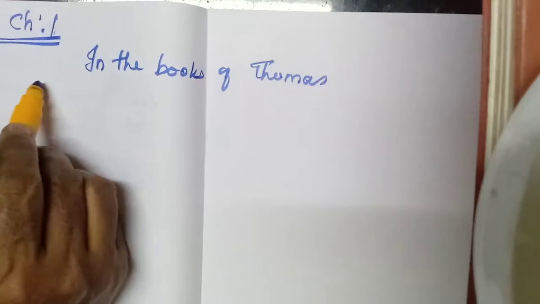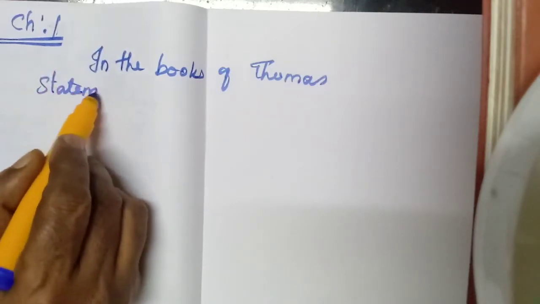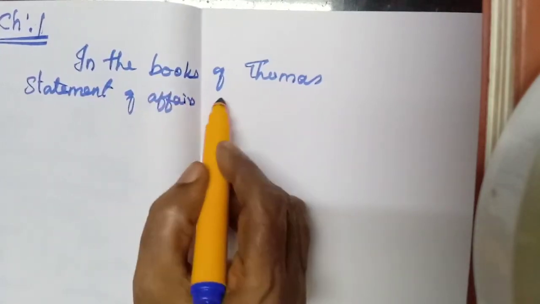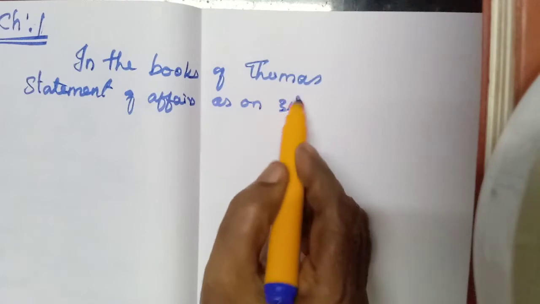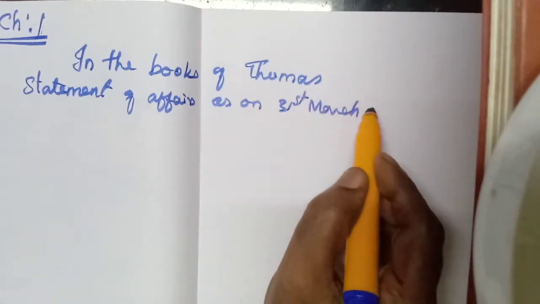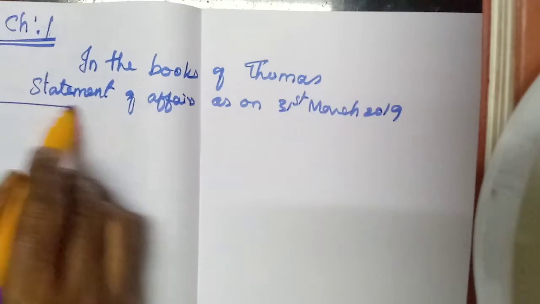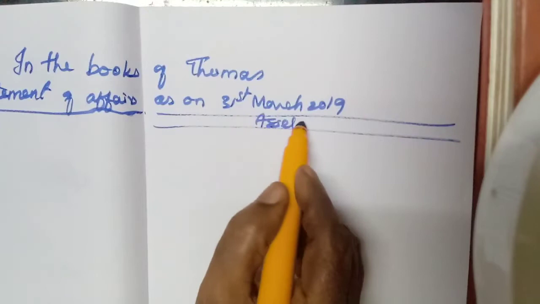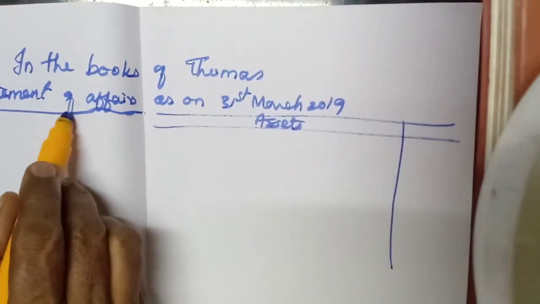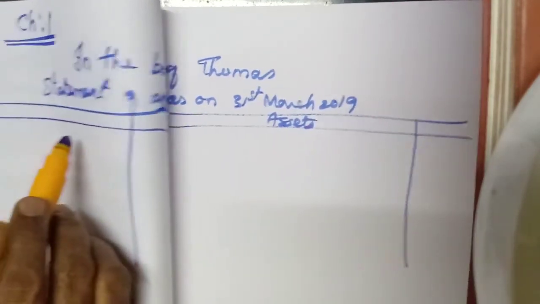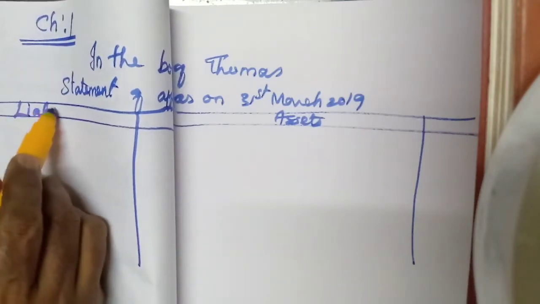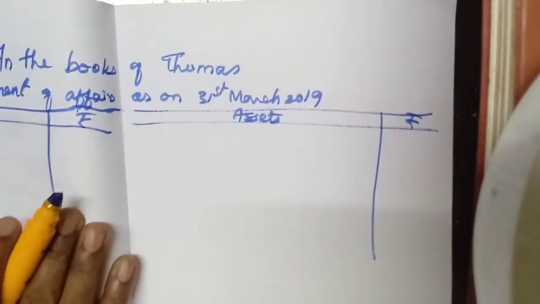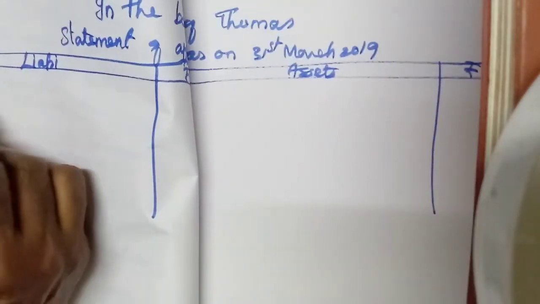Then statement of affairs as on 31st March 2019. Here assets, rupees. Here liabilities fully we have to write. Rupees, simple. First item sundry creditors, so that is liability.